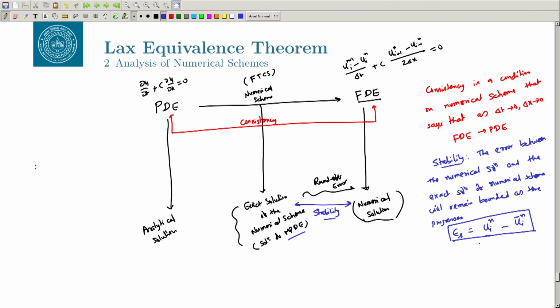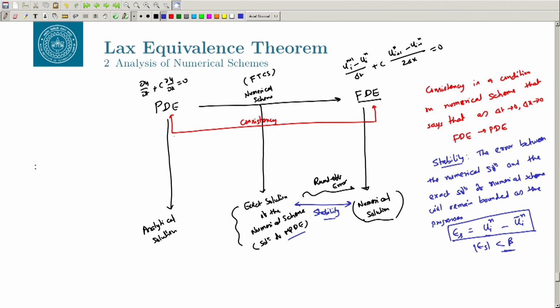So, you can define that epsilon s has to be less than some factor, let us call it beta, at any given time, where beta is a very large number. So, the error between your numerical solution and the exact solution of the numerical scheme will remain bounded, and it has nothing to do with the PDE, because the PDE does not come into the picture here in stability, okay.